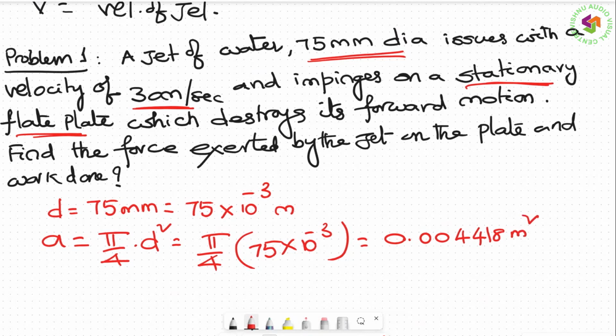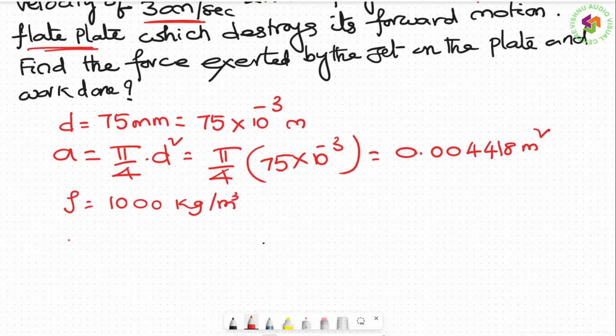This is the first thing. Once that is done, for now it is water. So when it is water, rho is equal to 1000 kg per meter cube. So rho is over, A is over. What is the velocity they have given? It is 30 meters per second. So therefore, force is equal to rho A V square.